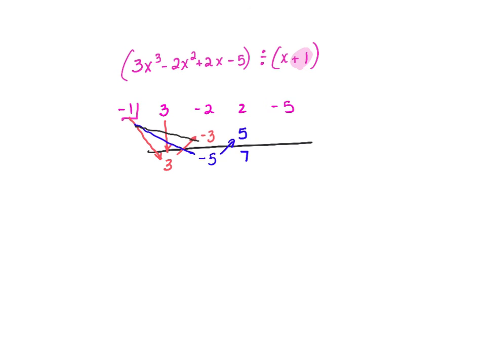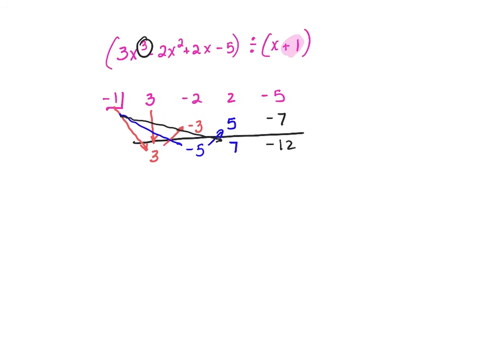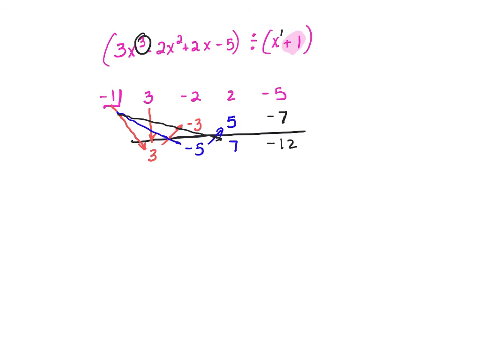We multiply, -1 times 7 is -7, and we add -12. The original polynomial was x cubed, so now we are reduced by 1 degree because we divided out x to the first. So instead of being x cubed, it is a 3x squared, and then a -5x, and then a +7, and our remainder is -12.